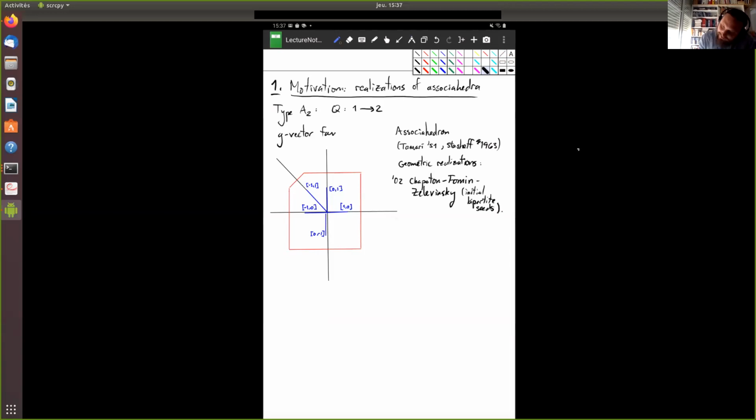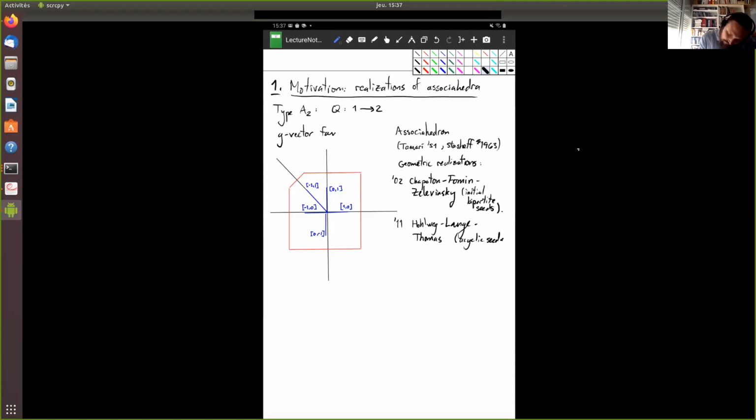And then in 2011, 3 other people, Hohlweg, Lange, and Thomas, realized them using Cambrian fans for any acyclic seed.